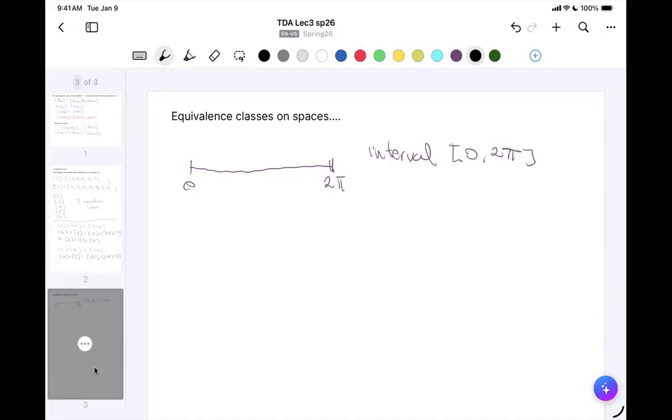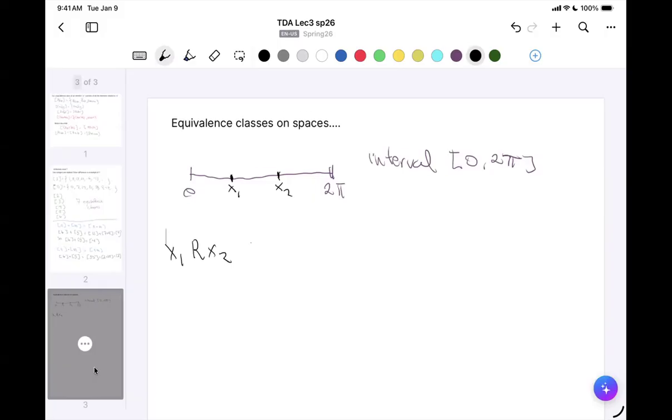I'm going to say that if you have two numbers on the number line, x1 and x2, these two numbers are related to one another in one of two cases. In the first case, x1 and x2 are the same.